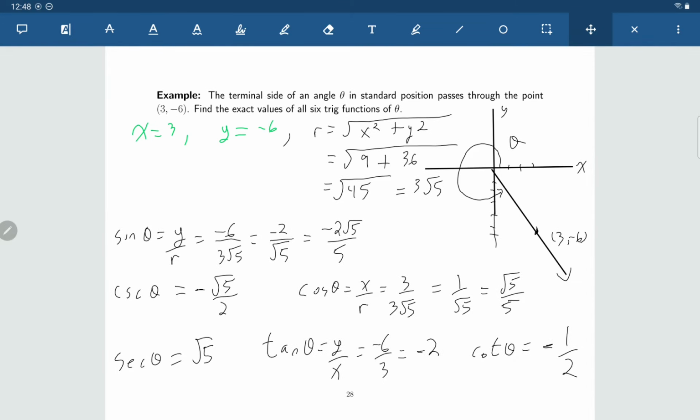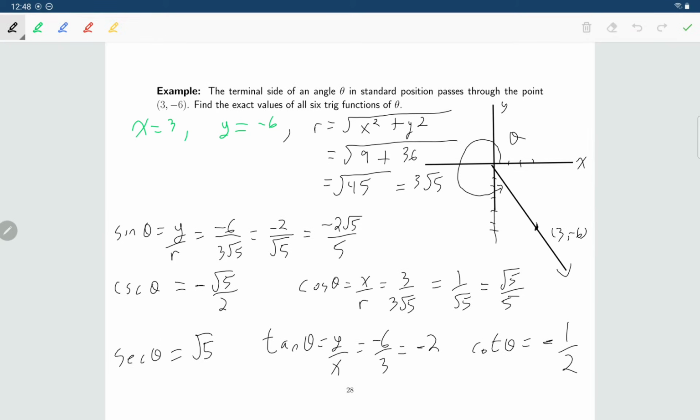So there's one thing that I want us to note here, and that's for this angle that we're talking about, 4 out of our 6 trig functions happen to have negative values. For this particular angle, sine was negative, cosecant was negative, tangent was negative, and cotangent was negative.